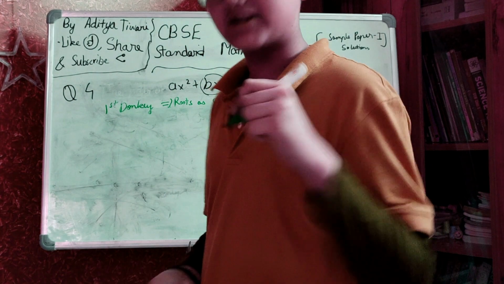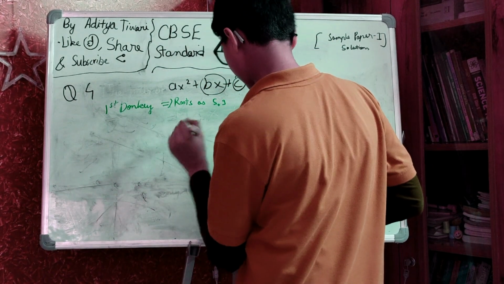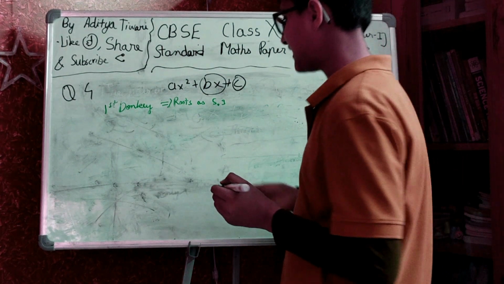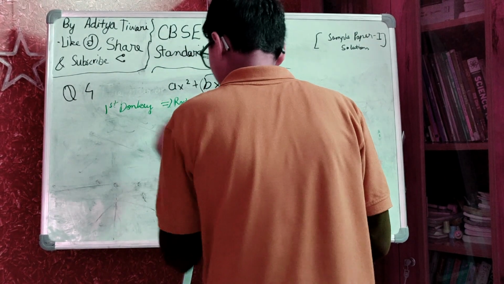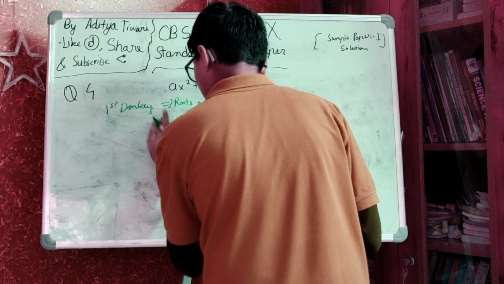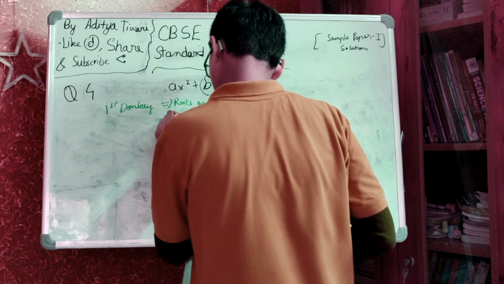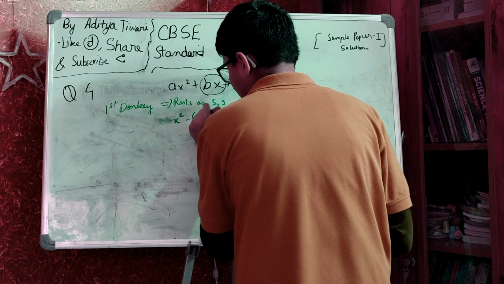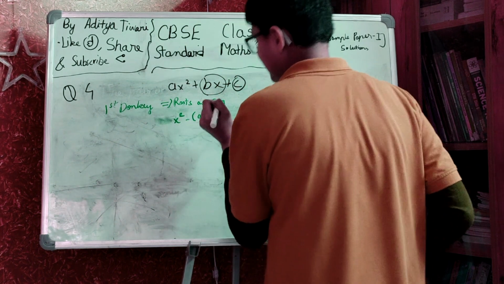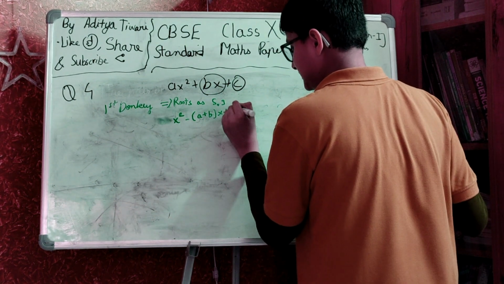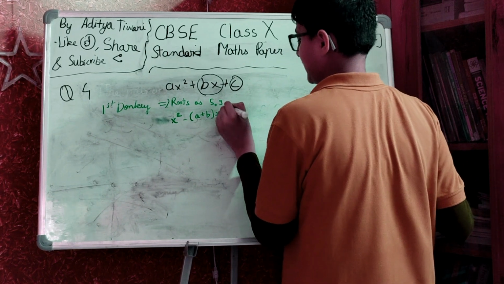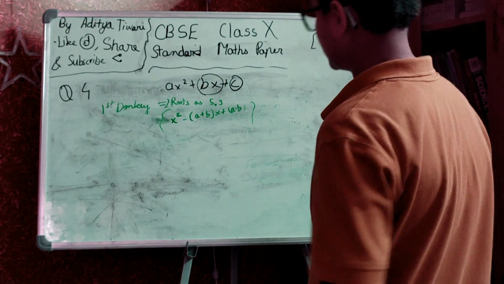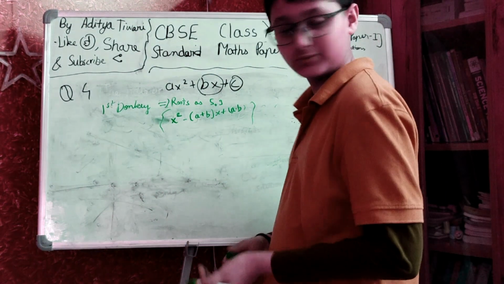We know how to make a quadratic equation using the roots, and the formula is x square minus (alpha plus beta) x plus alpha times beta. So this is the formula of a quadratic equation from its roots.